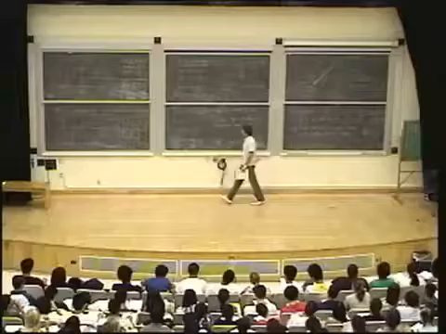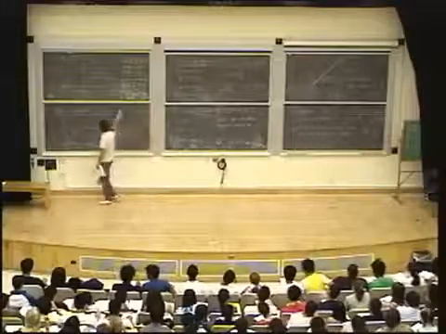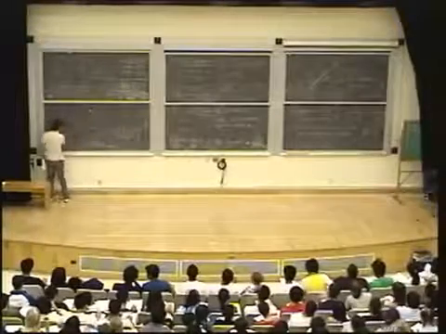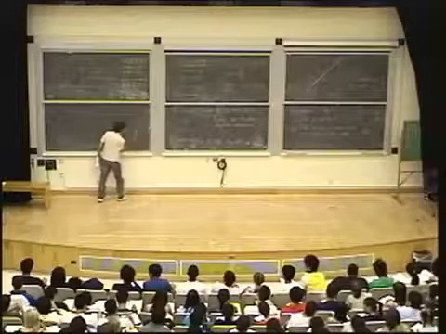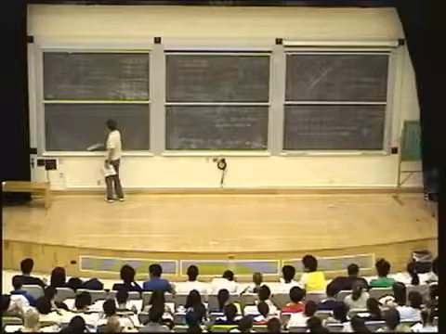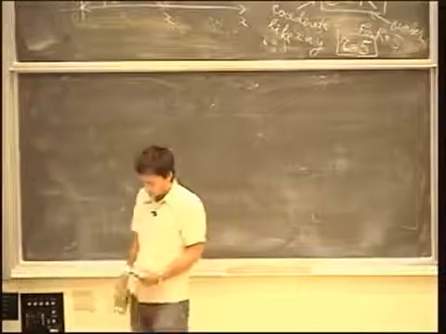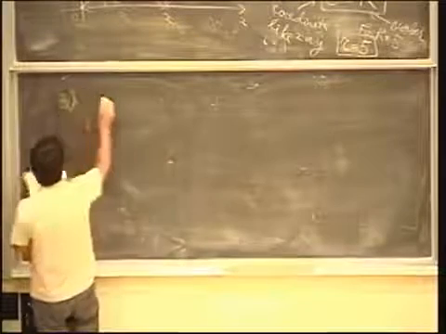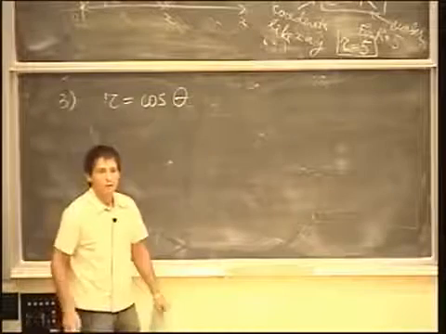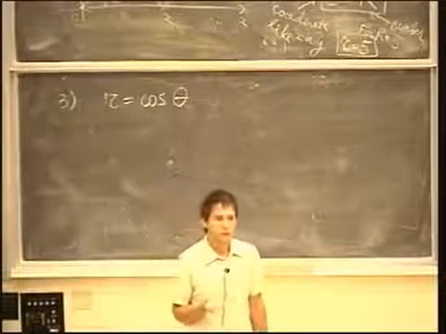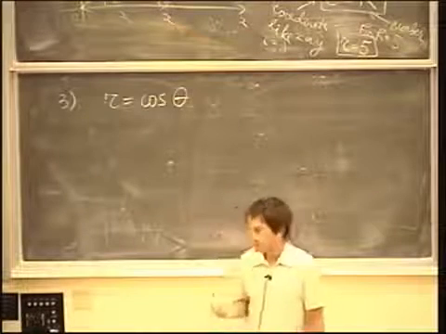OK. Now let's look at more complicated examples. So 3, r equals cosine theta. Again, a perfectly legitimate equation involving the two polar coordinates r and theta.